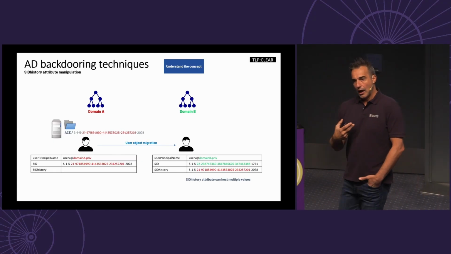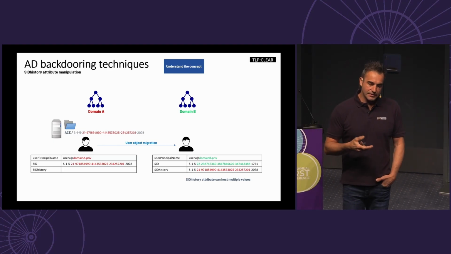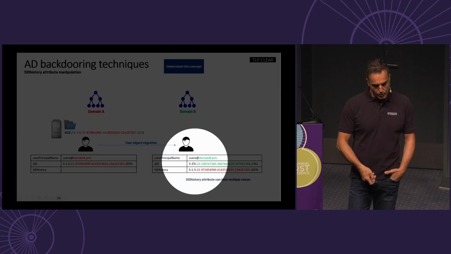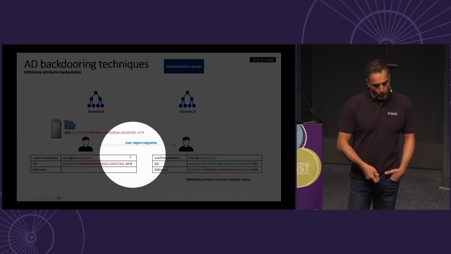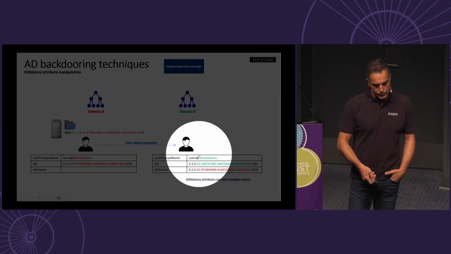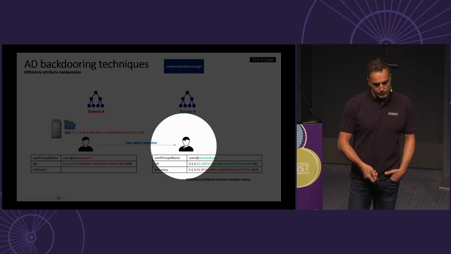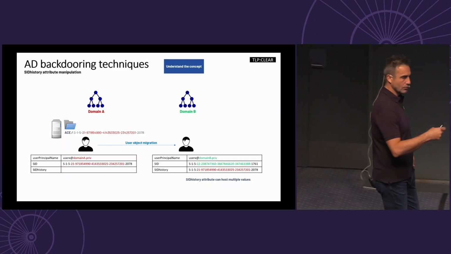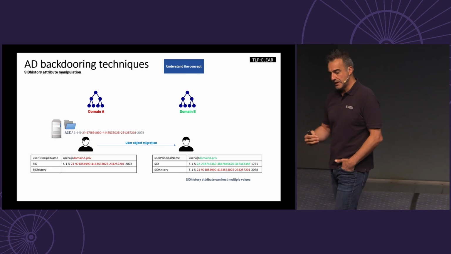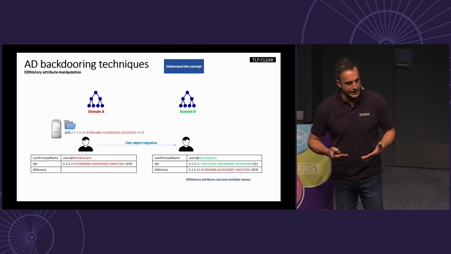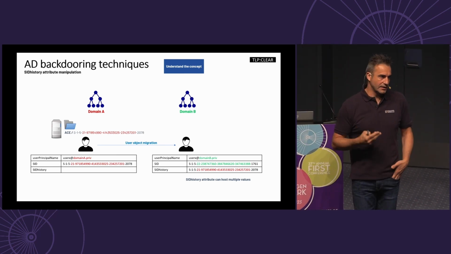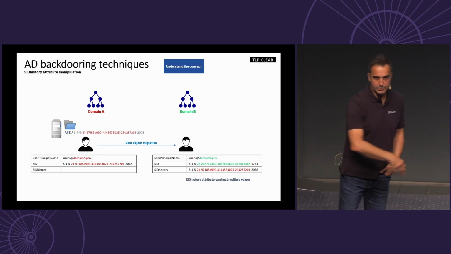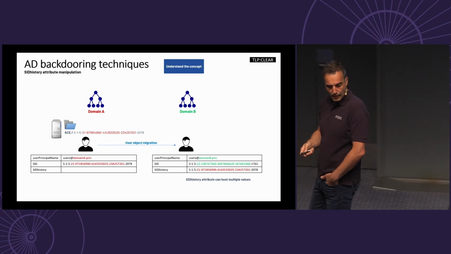To provide this, you can integrate the old value in the new object. In fact, in the new domain, this object has two SIDs, the new one and the old one. When the user authenticates, he will get two SIDs inside the token, and he will be able to get back to the older resources.